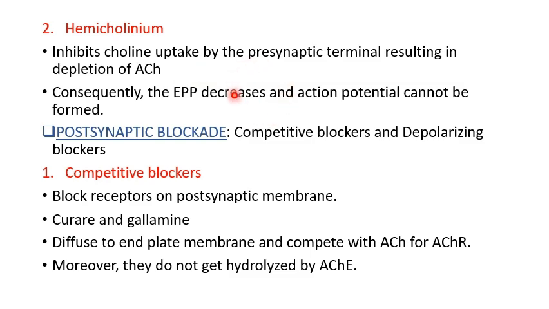This choline is taken up by the presynaptic terminal and further used to form more acetylcholine, but hemicholinium inhibits the choline uptake. Thus this causes depletion of acetylcholine, and low acetylcholine results in decrease of end plate potential. Thus end plate potential is not able to reach the threshold value and action potential cannot be formed.